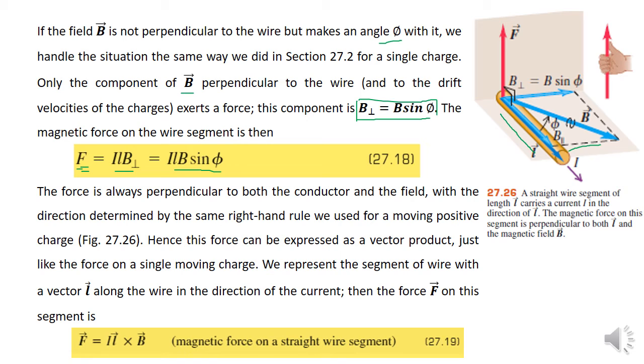This is the force on the conductor which is at some angle phi with the magnetic field. We can also write this expression as a vector product, F equals I L cross B. Here L and B are vectors, and the direction of L is along the direction of the current.